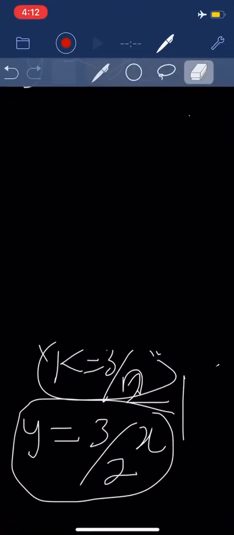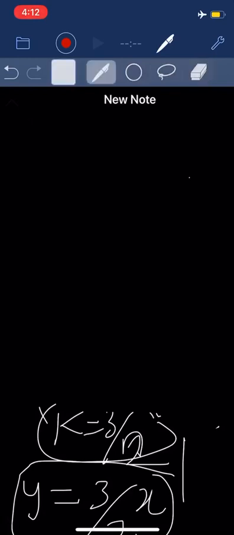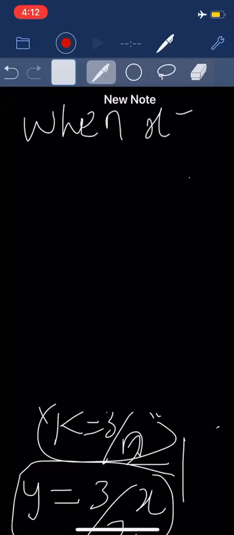So when x is equal to 4, then wherever I see x in this equation, I'm going to put it. So come back to my equation.